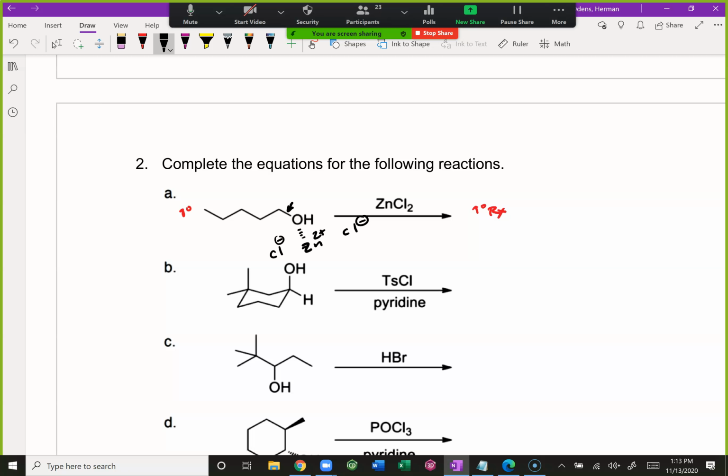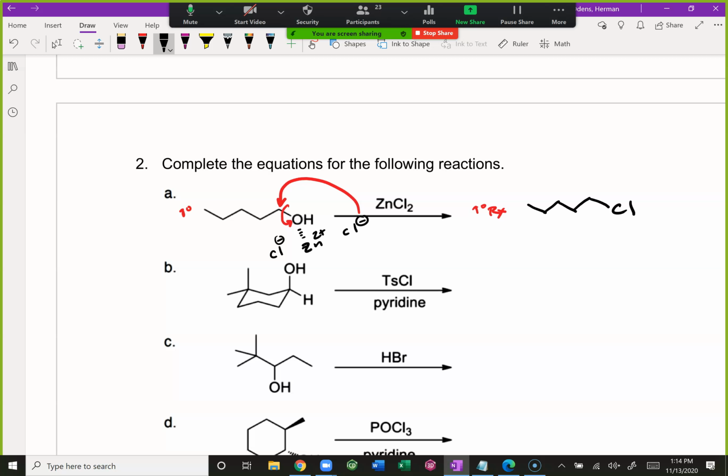How cool is that? It pulls it, and then one of the chlorines goes and attacks and gives those 2 electrons to the oxygen. All right. And then you get 1, 2, 3, 4, 5, 6.